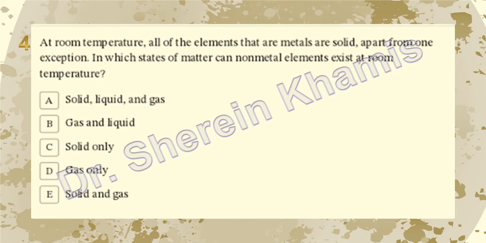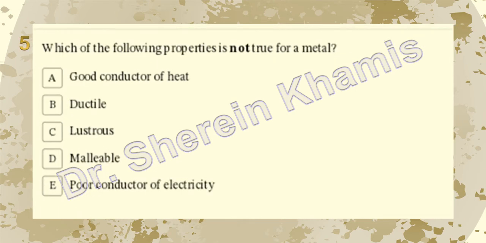All metals are solid except mercury, which is liquid, so we have metals in solid and liquid. But in the case of non-metals, all 3 physical states are present: solid, liquid, and gas. So the right answer will be number A, solid, liquid, and gas. Okay, let's go to question number 5.